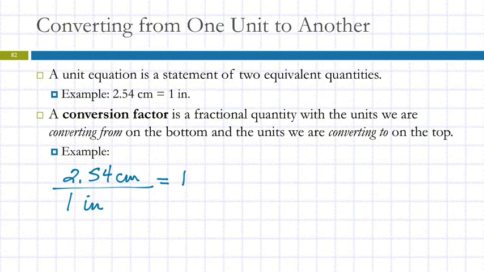We could also write this upside down. We could put 1 inch on top and 2.54 centimeters on the bottom. The numerator is equal to the denominator, so this is equal to 1. If I multiply something by this fraction, which is equal to 1, am I changing the size of it? No, I'm just changing the units.